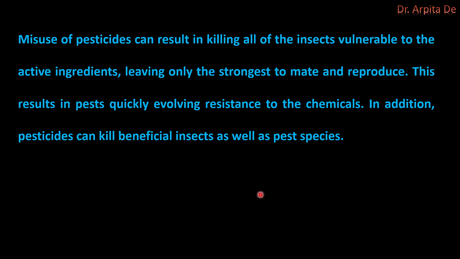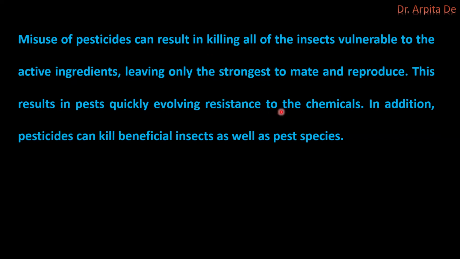So if there is misuse, if there is unskilled use of these pesticides, then what will happen? It will result in killing of all of the insects vulnerable to the active ingredients. And another problem is what? This will result in pests quickly evolving resistance to the chemical.